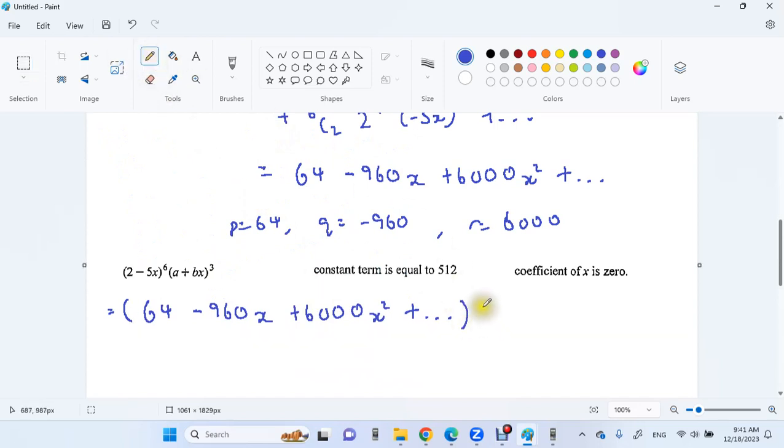(a plus bx) power 3, then we have a power 3 plus 3C1 a power 2 bx power 1 and so on.